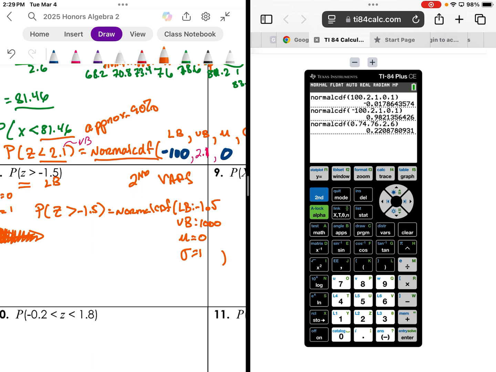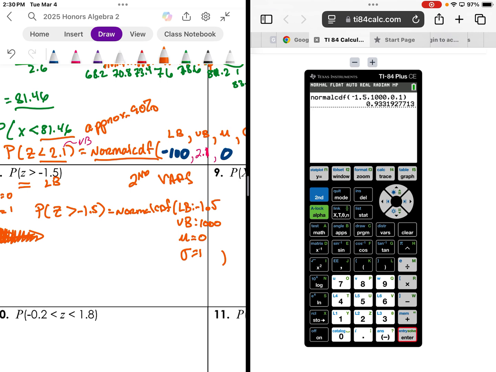I'm doing greater than negative 1.5, so that's my lower bound, and I go up to something really big. So as I go to my calculator, normal CDF, my lower bound is negative 1.5, upper bound is something really big, and again 0 and 1 because we're dealing with the letter Z.